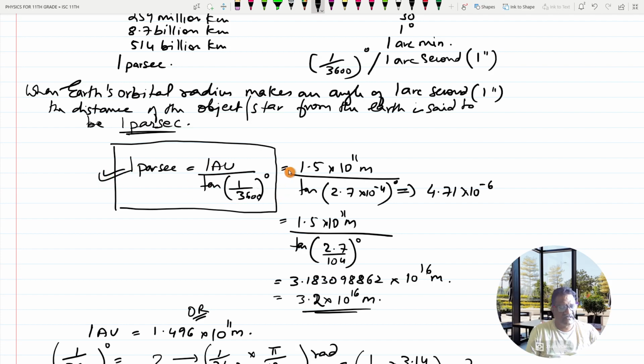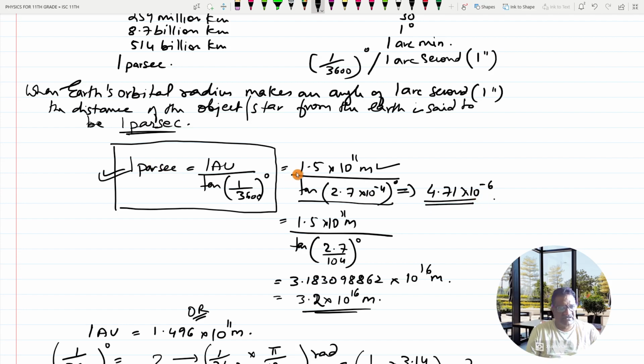Now 1 AU can be taken as 1.5 into 10 raised to 11 meter, divided by tan of 1 upon 3600, which can be written as 2.7 into 10 raised to minus 4, and tan of this 2.7 into 10 raised to minus 4 happens to be 4.71 into 10 raised to minus 6.